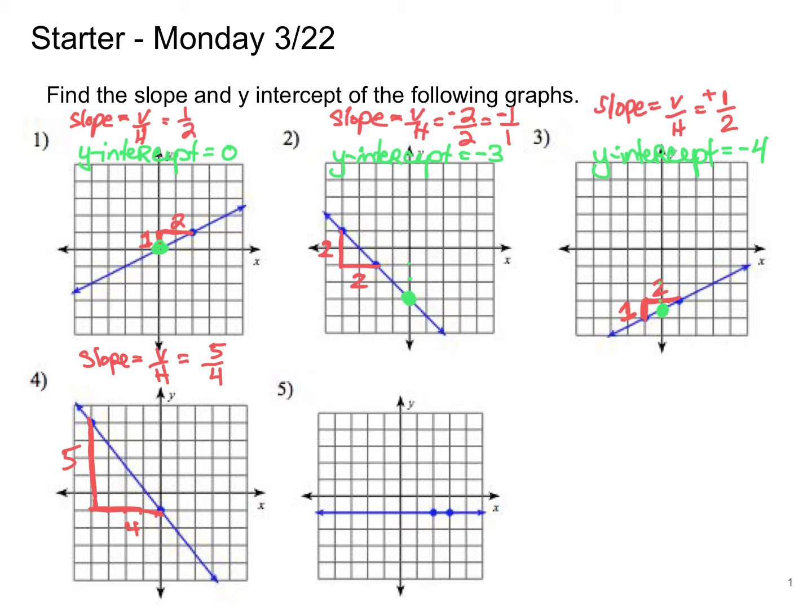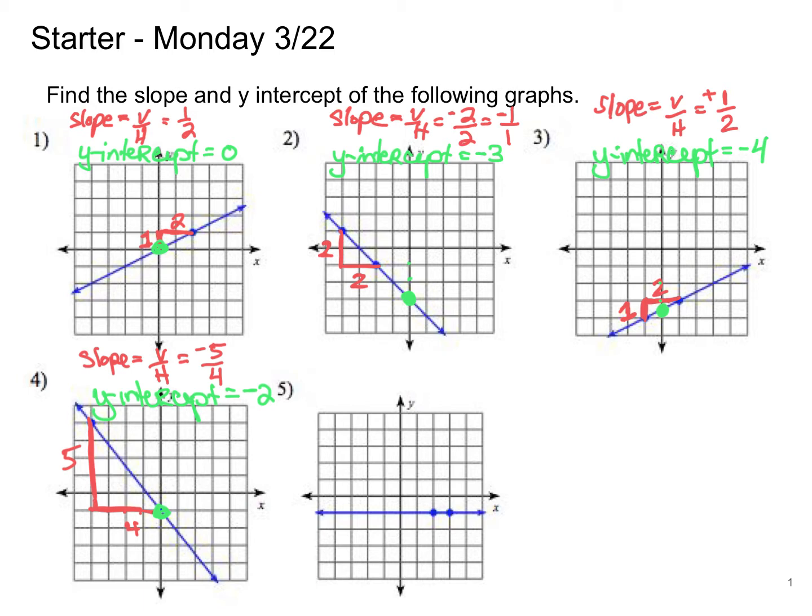Is it going up the hill or down the hill? This is actually going down the hill, so it's going to be negative 5 over 4. And we're going to leave it as an improper fraction. I do not want this as a mixed fraction. I want it as improper. Moving on, let's find the y-intercept. The y-intercept is where the line crosses the y-axis. So the y-intercept is negative 2.